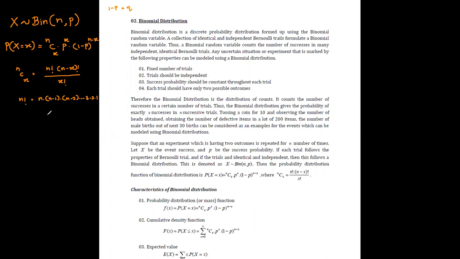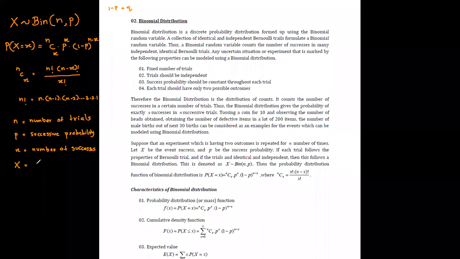And if I talk about these terms, here n is the number of trials, and p is the success probability. Lowercase x is the number of successes obtained, and uppercase X is the success event.